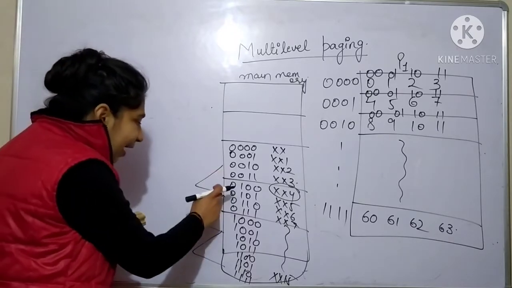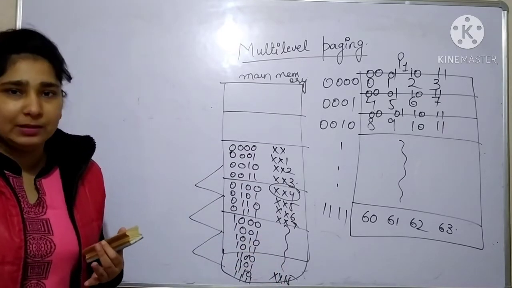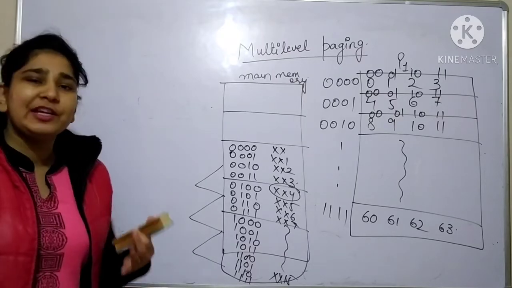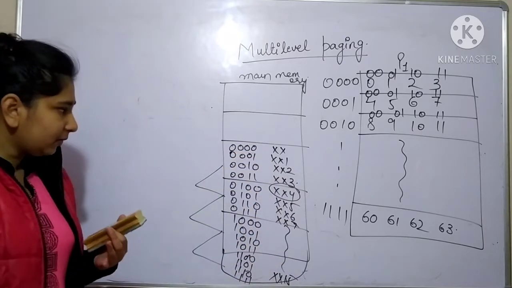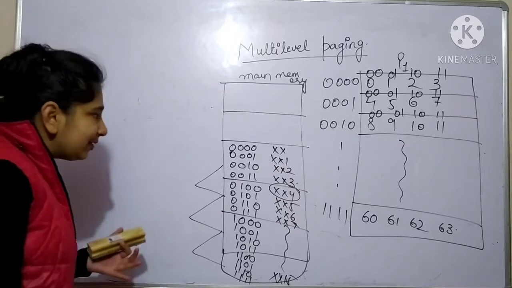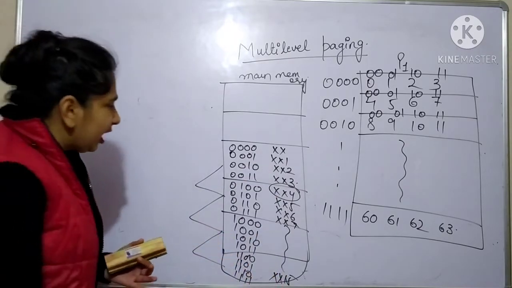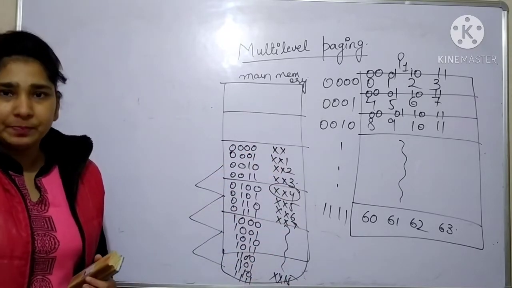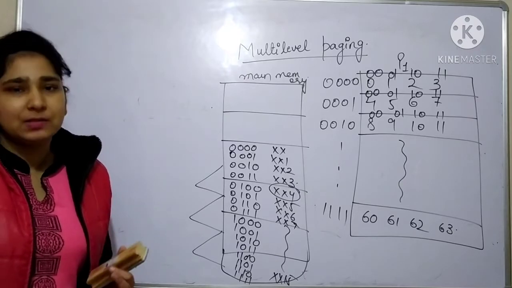If I have to search each and every frame of the page table to get the required frame number where I can fetch my instruction, it is time consuming. So I am going to make one more page table for these 4 frames, so that I can reduce the number of memory accesses.